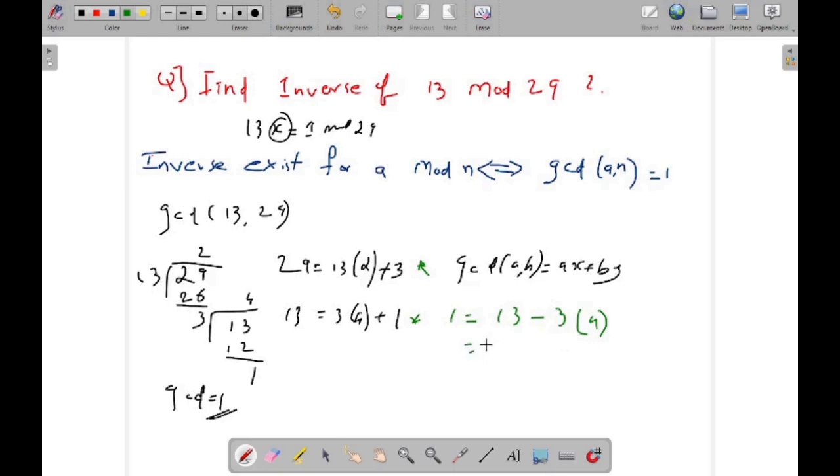So 1 equals 13 minus 4 times the quantity 29 minus 13 into 2. Let us expand this: 13 minus 29 into 4, minus into minus is plus, 13 into 4 into 2, 8.